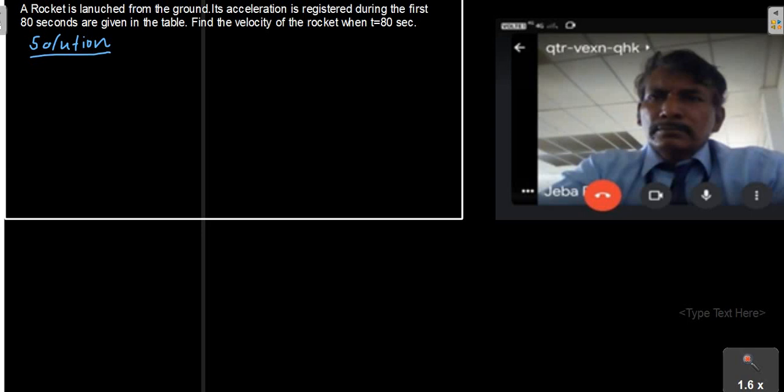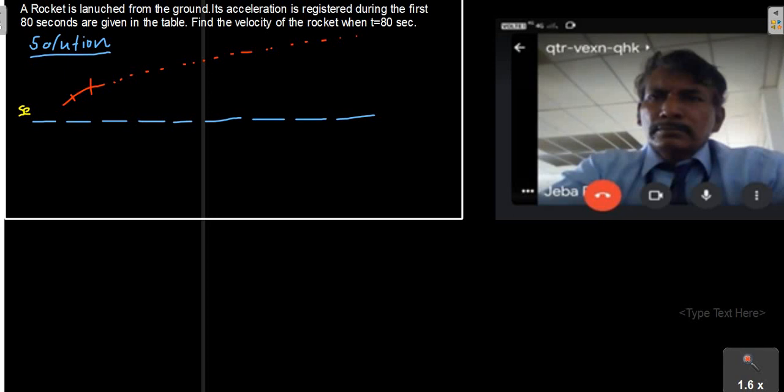Now let us have the description of the problem. This is a rocket. It is launched in the sky, and the tabular form is given like this.